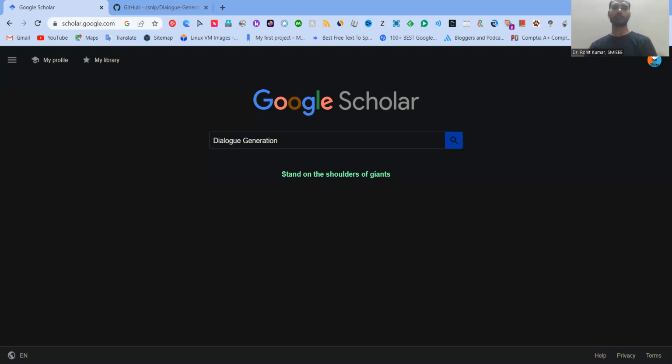Additionally, there are a number of data sets already available which might be used for dialogue generation purposes, and those data sets might be used for research purposes also. There is a popular data set, the Harry Potter dialogue data set, where they have discussed Harry Potter related dialogues. Additionally, there are the Ubuntu dialogues, the Twitter dialogues, the Reddit dialogues, etc. These different data sets are available, having social media related things and the related dialogues.